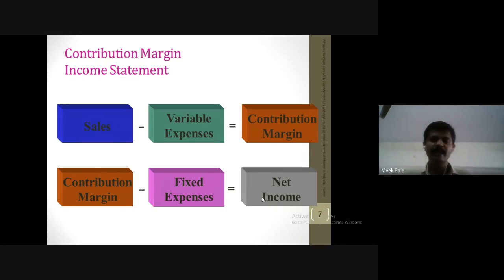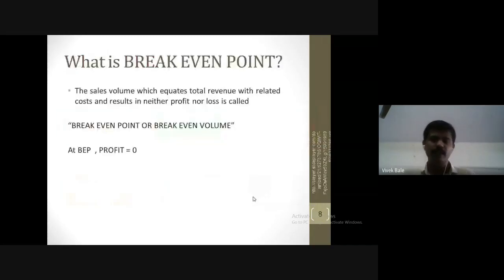That is net income. Now, one more term in marginal costing is break-even point. Now, what is break-even point? See, the name is very interesting. It is a point at which total sales is equal to total cost.